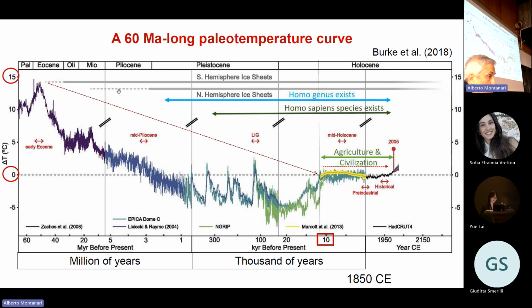And therefore, they could reconstruct this curve, which shows that even during the last glaciation, and the last glaciation is during the Pleistocene. Look up there. Pleistocene, it's about here. And you see that here, about 10,000 years ago, a little bit more, temperature went up, and in the Holocene you have quite a stable period.